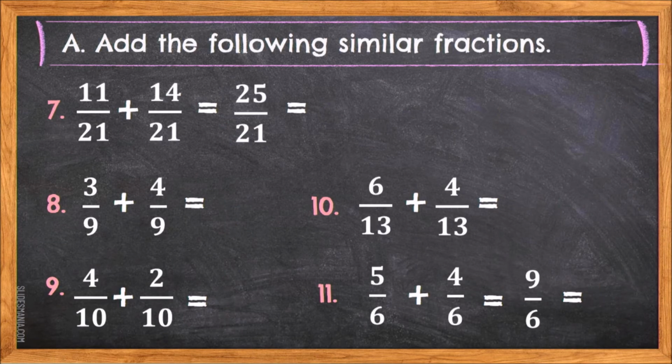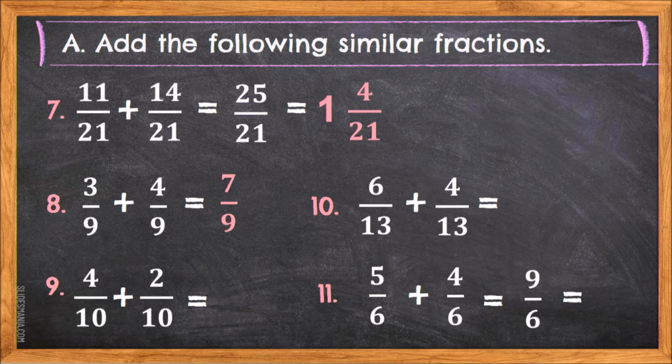Next, number 7, 11/21 plus 14/21 is equal to 25/21. So again, kids, it's an improper fraction. We will make it as a mixed number. So 25/21 is equivalent to 1 4/21.